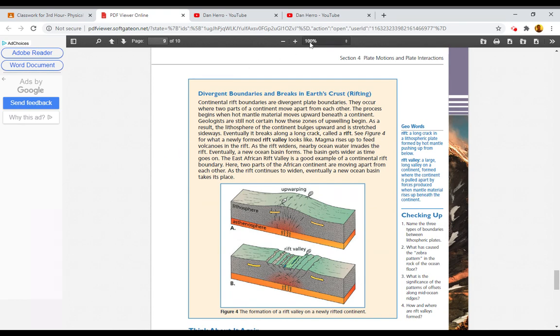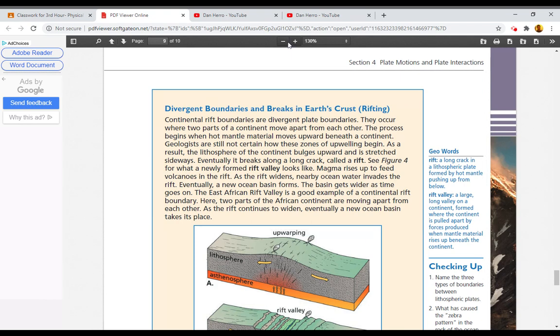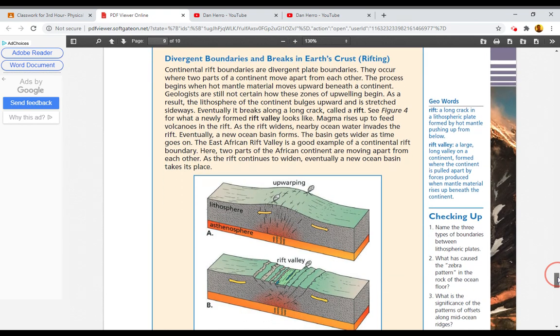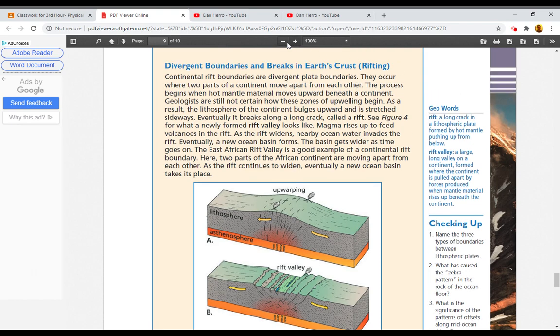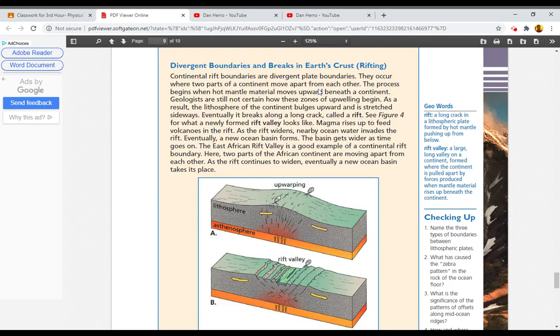Let me zoom back in a little bit. Let's go to 120 or 130%. Maybe I can type it in, or I can select it this way.